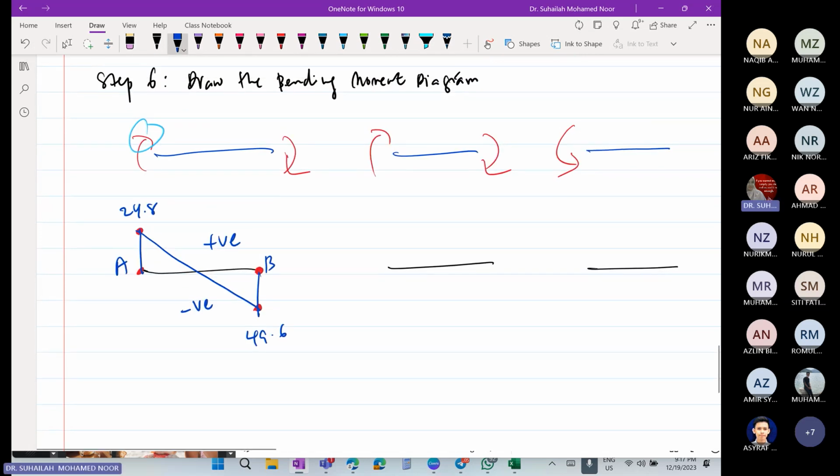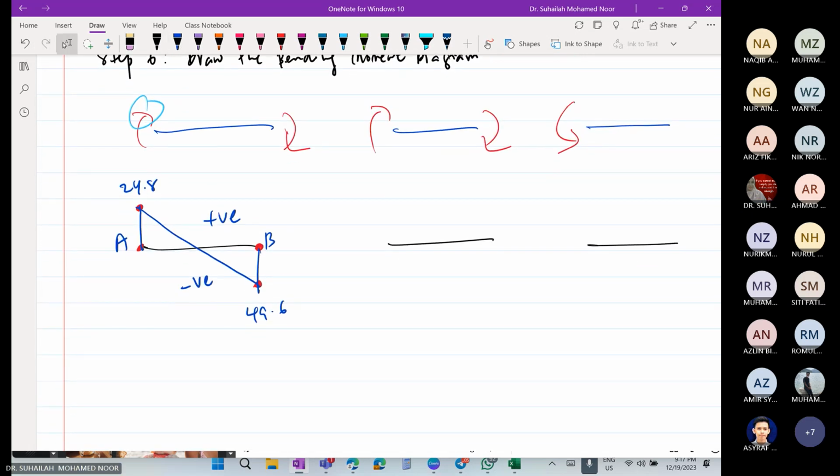Next one, BC. The first point is 0. Then look at the arrow above the line, and the arrow below the line. This is the end point. Join the dots. This is the BMD. This is positive, this is negative.